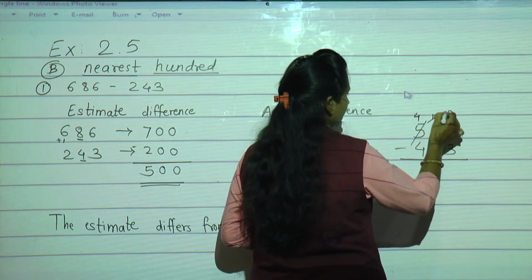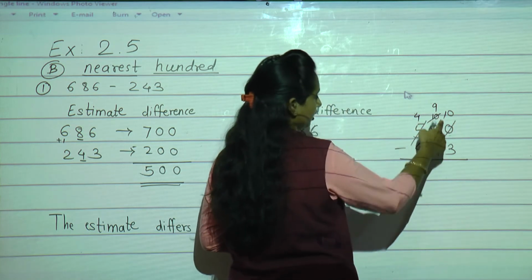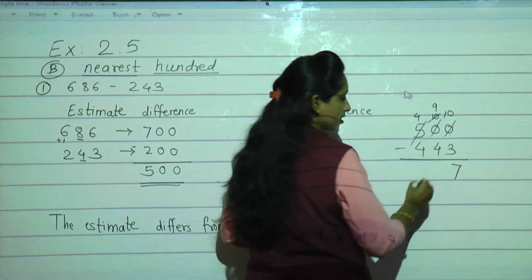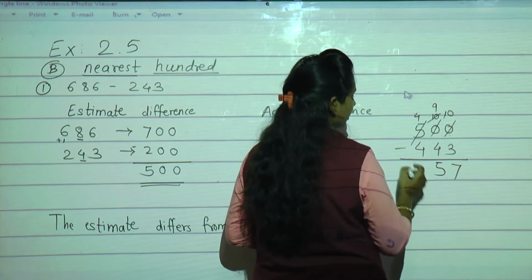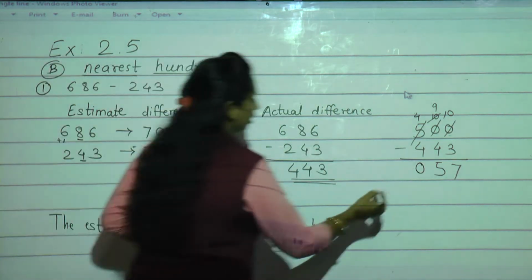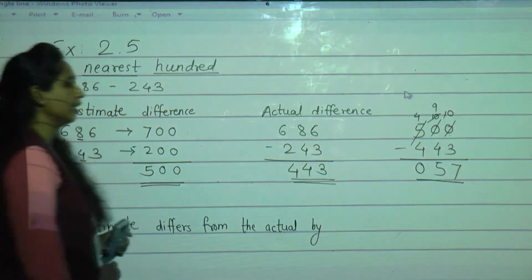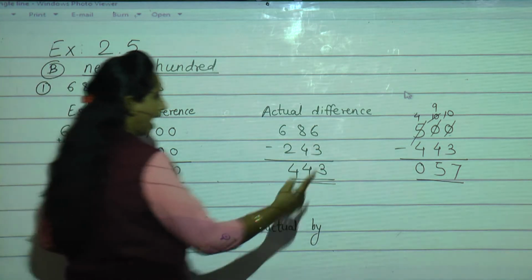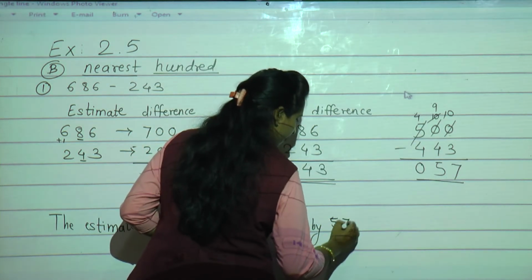Now he is having 10, he will give 1, 9 will remain. Now 10 minus 3 is 7, 9 minus 4 is 5, 4 minus 4 is 0. So what is the difference between estimate and actual? The estimate differs from the actual by 57.